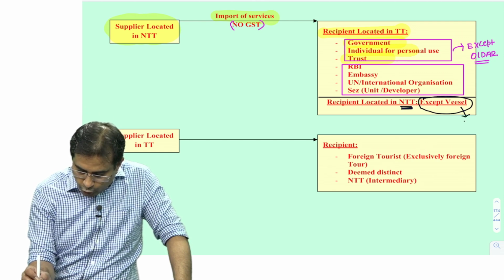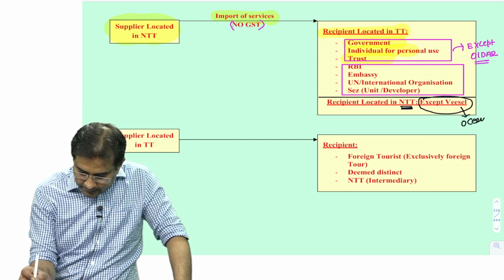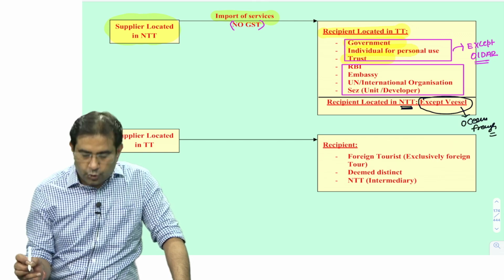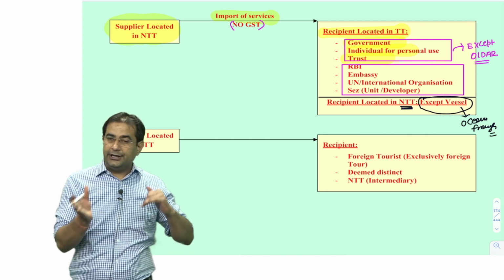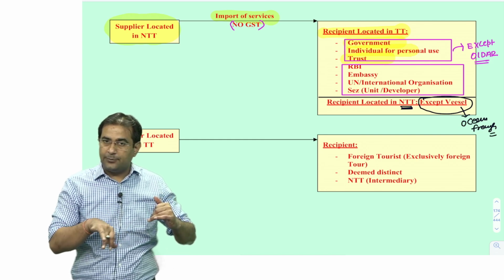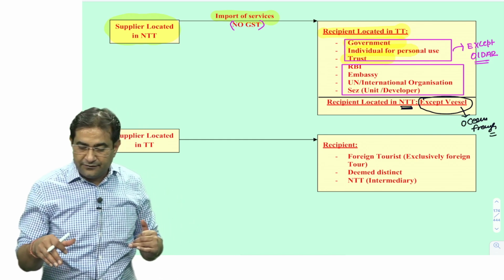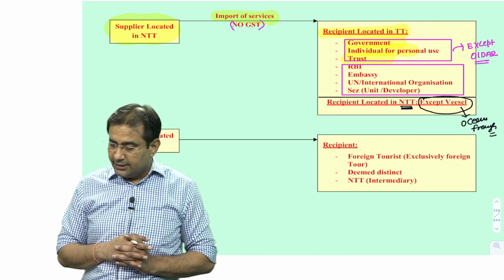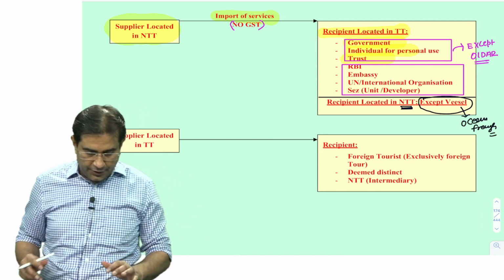Vessel means ocean freight. So where both parties are located in an entity, it is exempted, except ocean freight, and where some specified persons are importing services, it is exempted, except OIDAR.